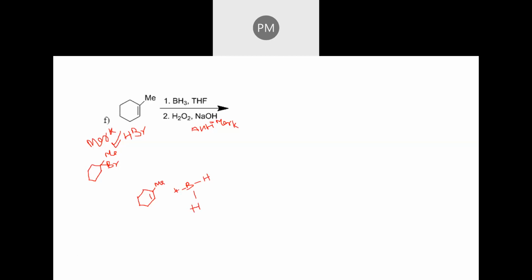One hydrogen will attack this position, the most substituted one, and boron will attach to the least substituted one. So our first step will be like this, and boron will be attached here. So our first step will be like that.